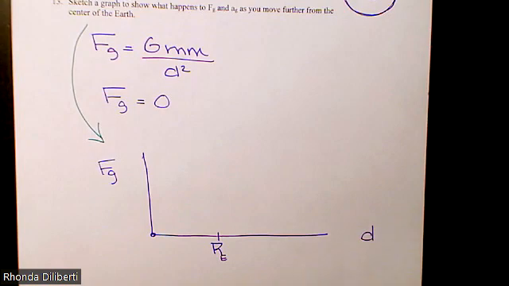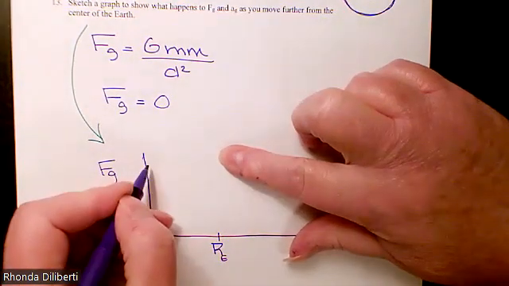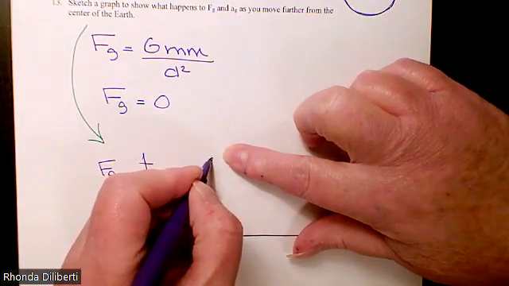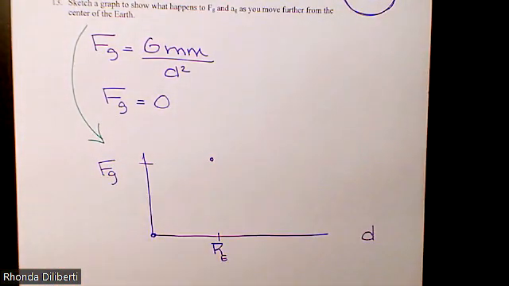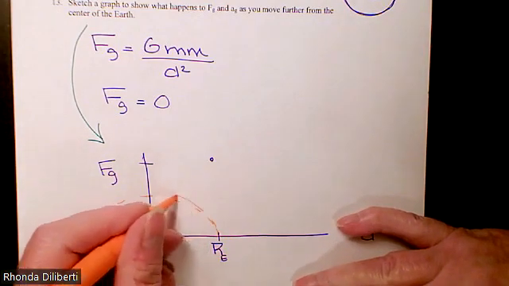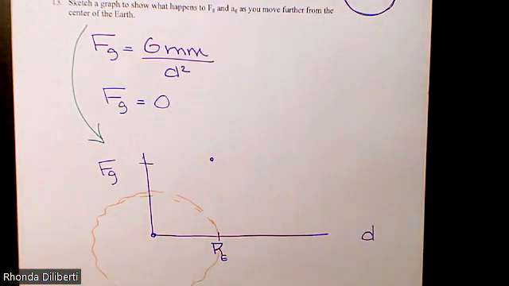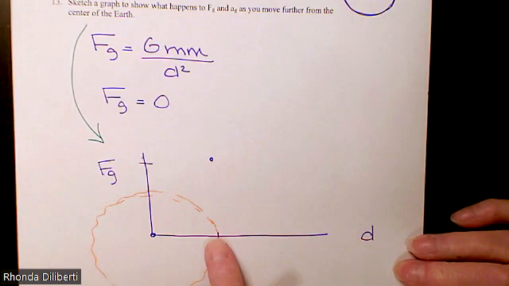That's where I weigh the most. So I'm going to put a dot high up on my y-axis. That's where I weigh the most. Let me make a little circle here.